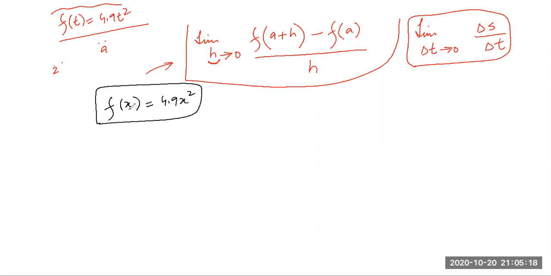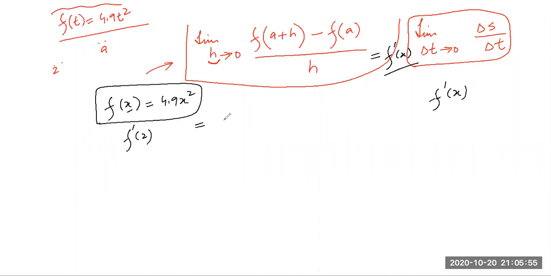You can write f of t is equal to 4.9 t square also. My intention was to find f dash 2. If the function is f of x, f dash x means the derivative of the function. So f dash 2 I want to find at x is equal to 2. X is time. Okay, fine. So I'll apply this.